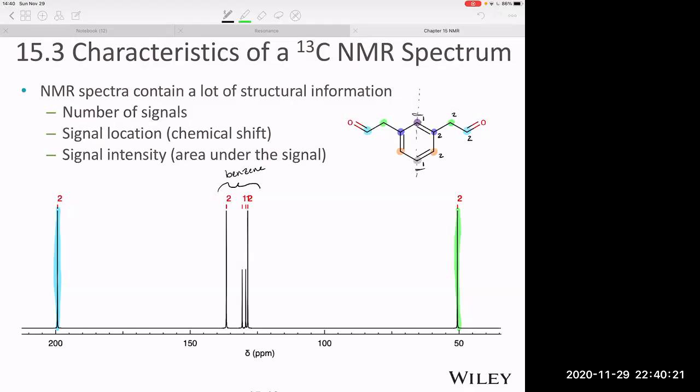Actually going through and divvying them up, that might be a good exercise at some point in advanced NMR, but for now, this is as good as we can get, and that's perfectly fine. This would still be very helpful in identifying, if you were given this signal, what molecule it corresponds to, okay?